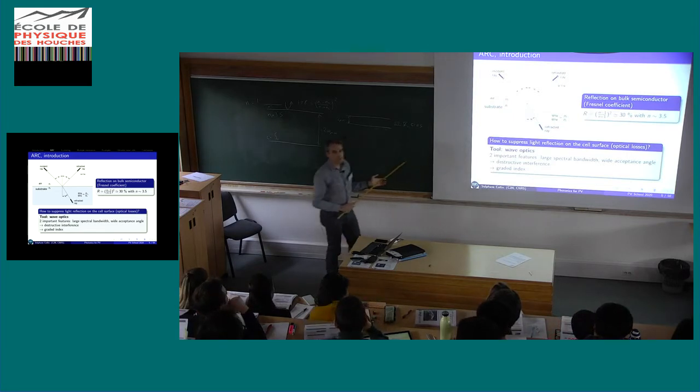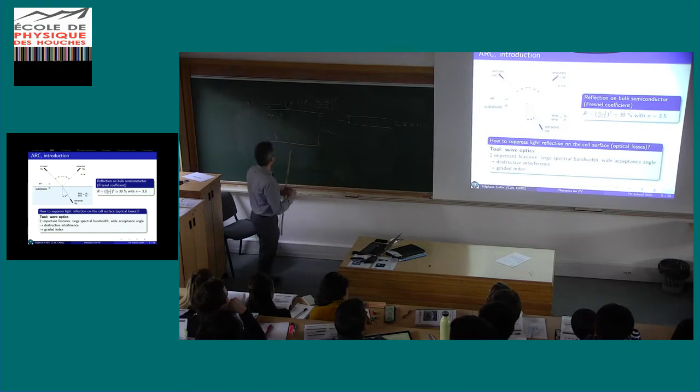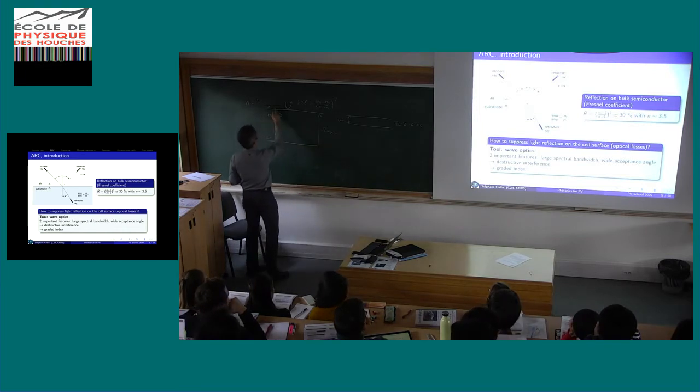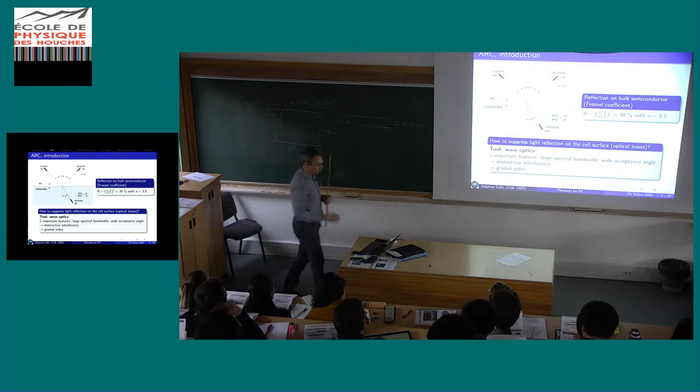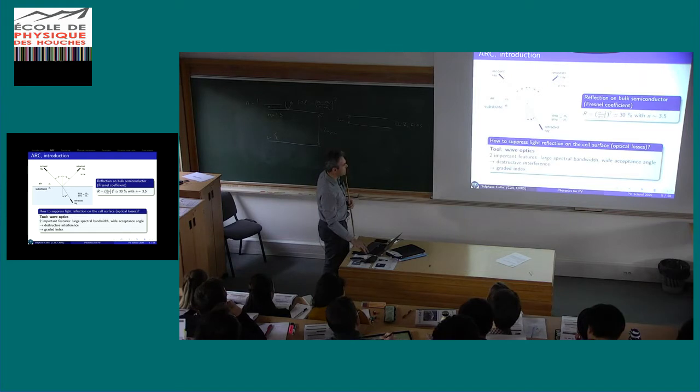And we have two ways to suppress reflection. The first one is to have a single or several layers to have destructive interference. And the second one is to use nanostructures to have graded indices.